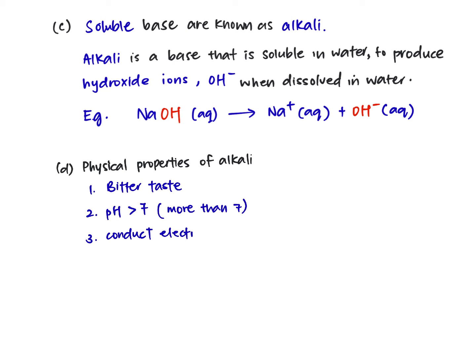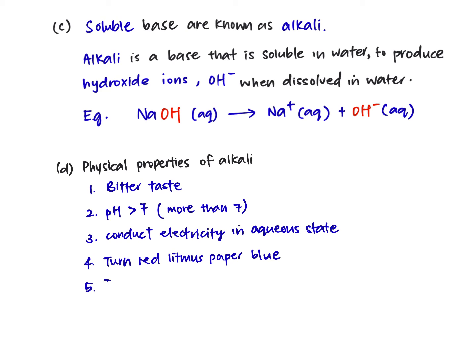Likewise, they conduct electricity like acids because there are ions that are free to move when they are dissolved in aqueous solution. It will turn red litmus paper blue, and it will turn universal indicator from green color to blue or purple.